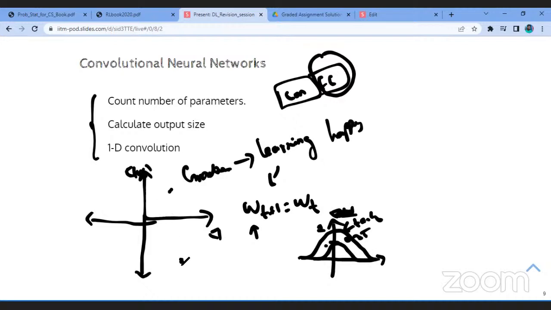So my learning happens well if my initialization is good. If I am lucky enough to initialize the points in a correct location, then that's fine. Suppose my initialization is not at the correct location and my true solution is somewhere here.